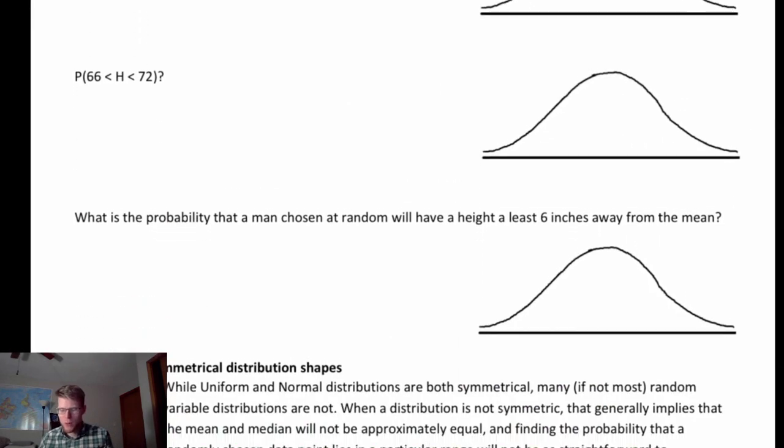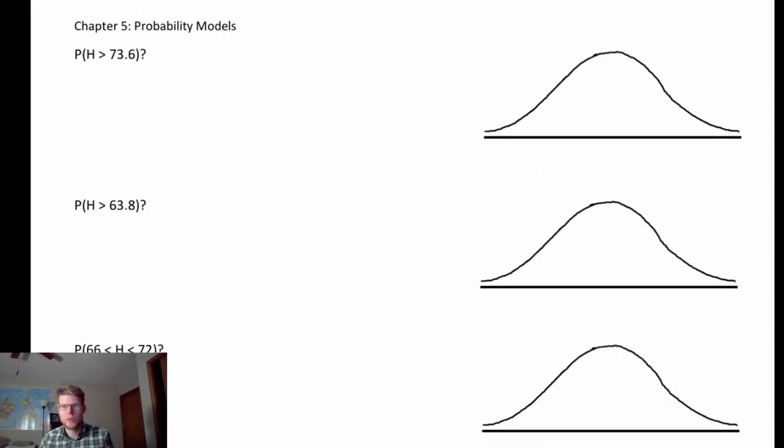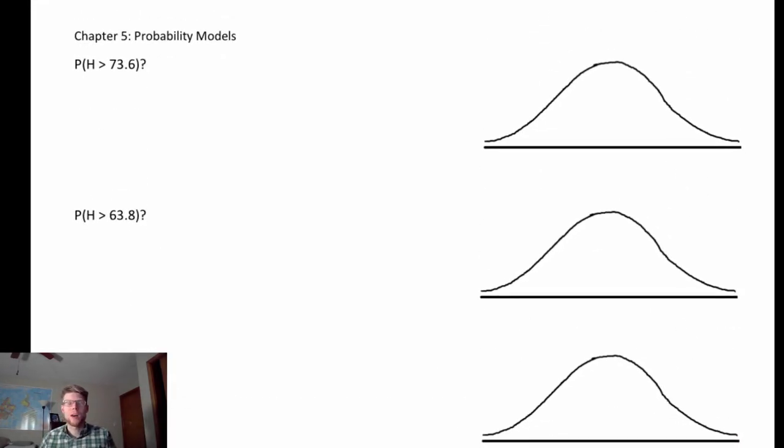I could do the same thing with all these other ones, though I won't do them all here. If you're doing greater than 73.6, or greater than some x, then you do the same pnorm with 73.6. The mean is still 69.1 and SD is still 2.9.